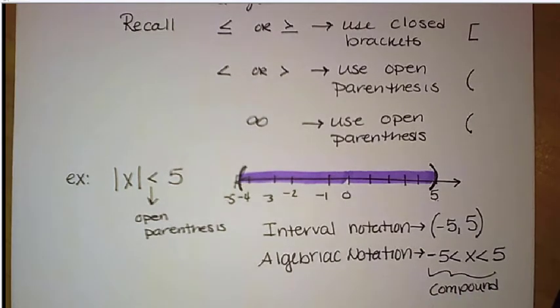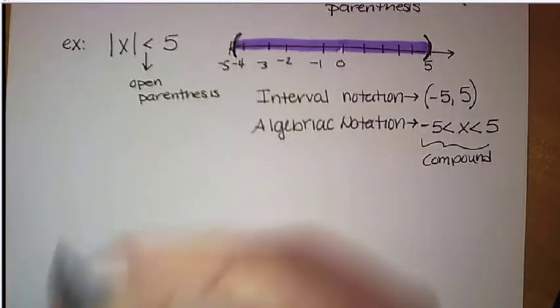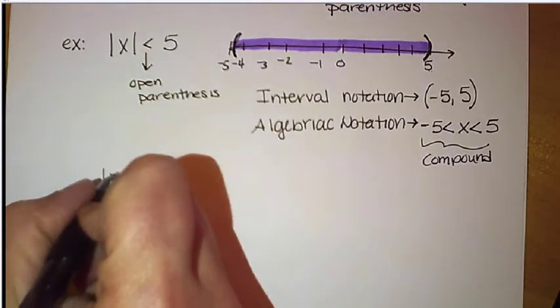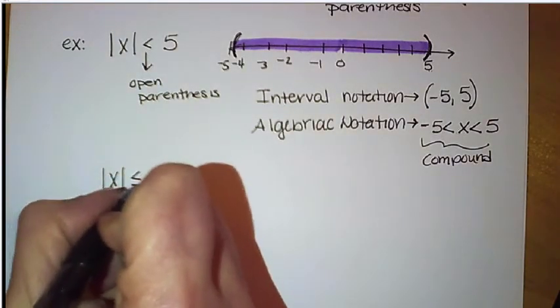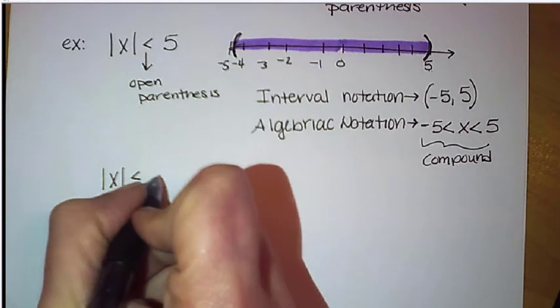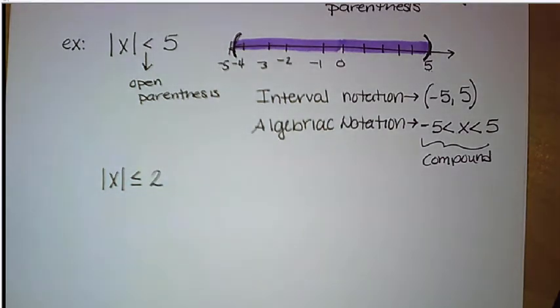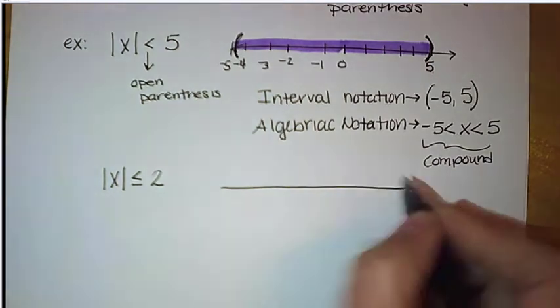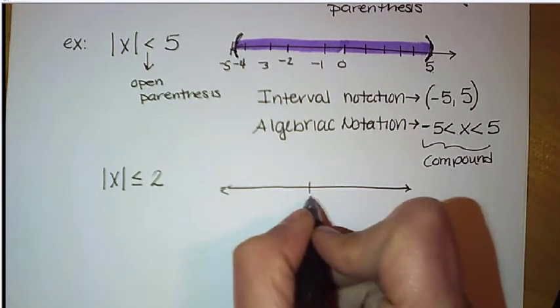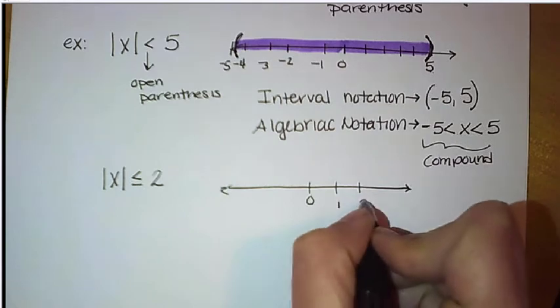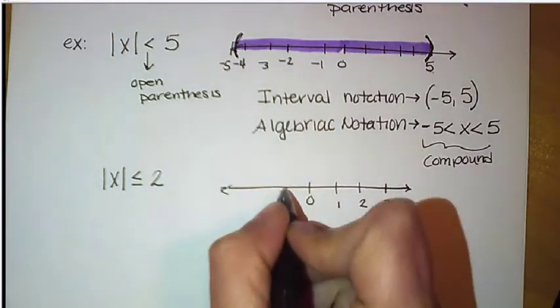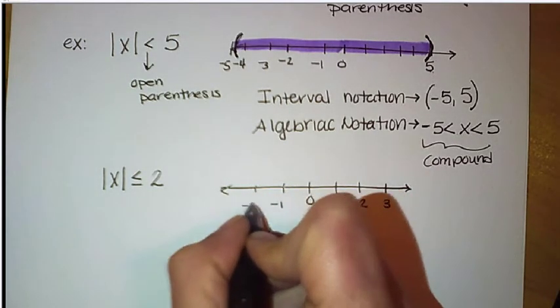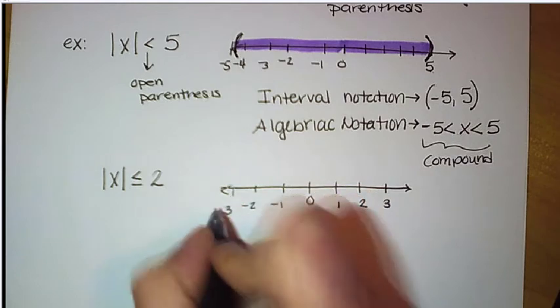Okay, now let's look at what happens and what's the difference if we say that the absolute value of x has to be less than or equal to 2. Again, the same idea here. Here's my number line. I've got 0, 1, 2, 3, and on the other side I've got -1, -2, -3.